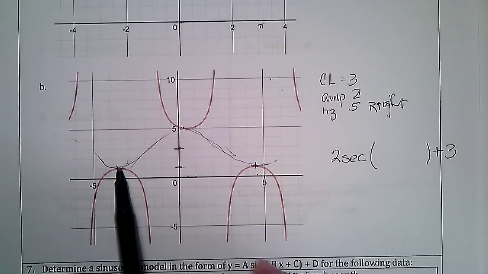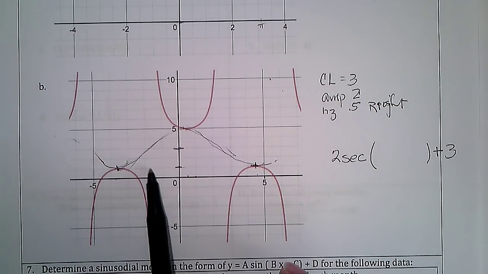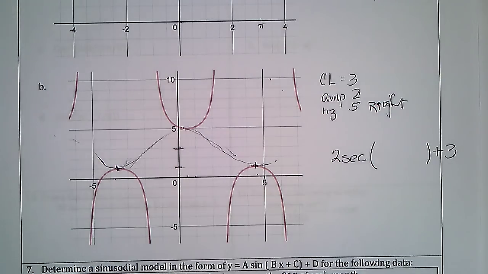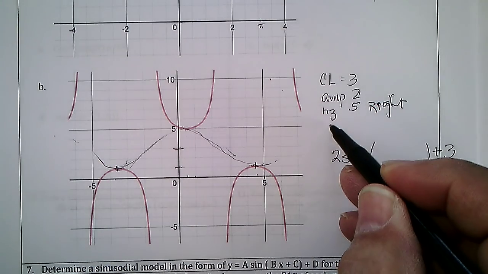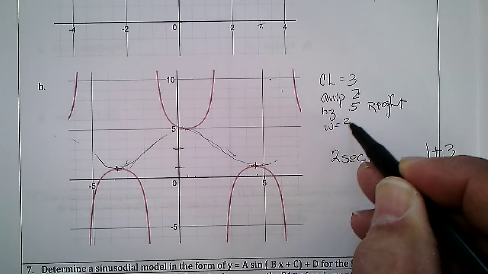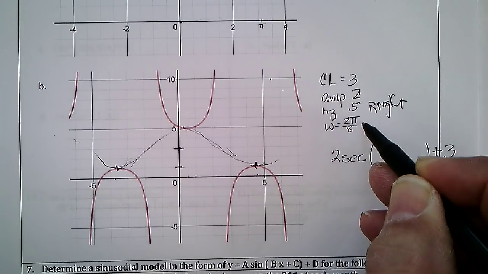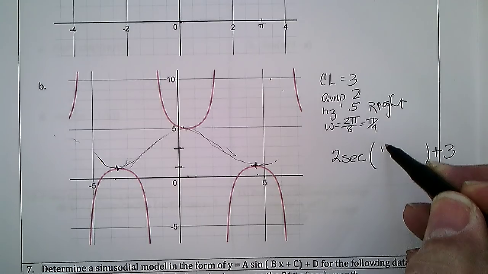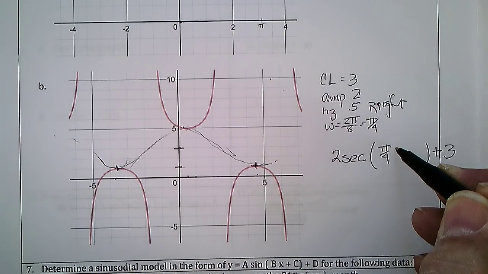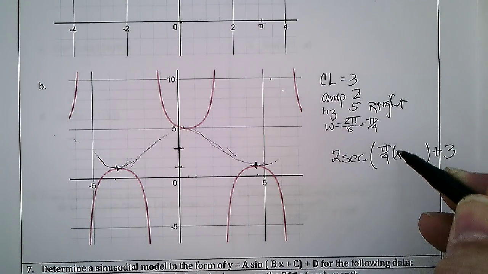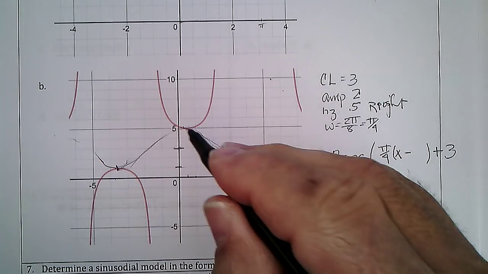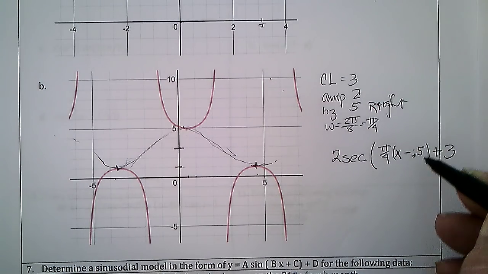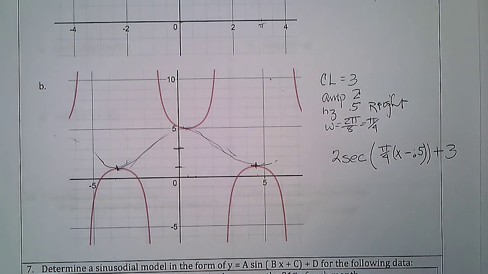So it must be 8 from there to there. 1, 2, 3, 4, 5, 6, 7, 8. Yes, looks like it's about a period of 8. So omega would be 2 pi divided by 8, which is pi over 4. So I'm going to put pi over 4 times x in parentheses shifted 0.5. And it's to the plus 0.5, so I do minus 0.5.